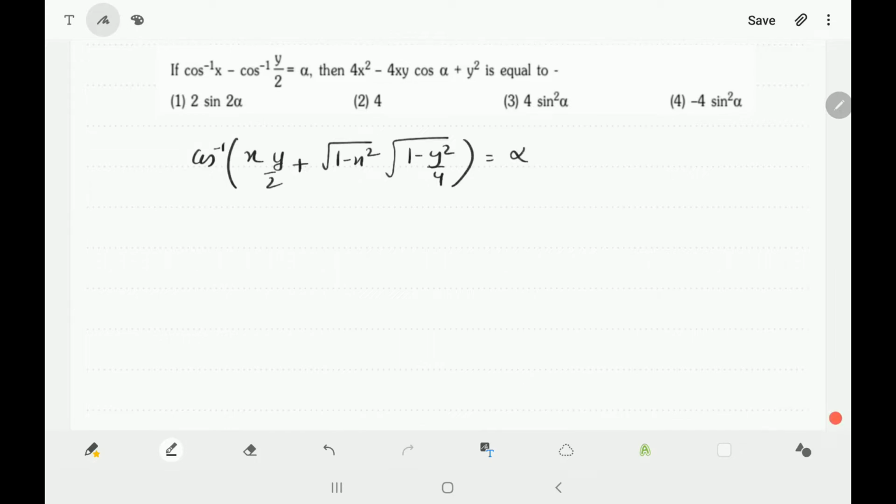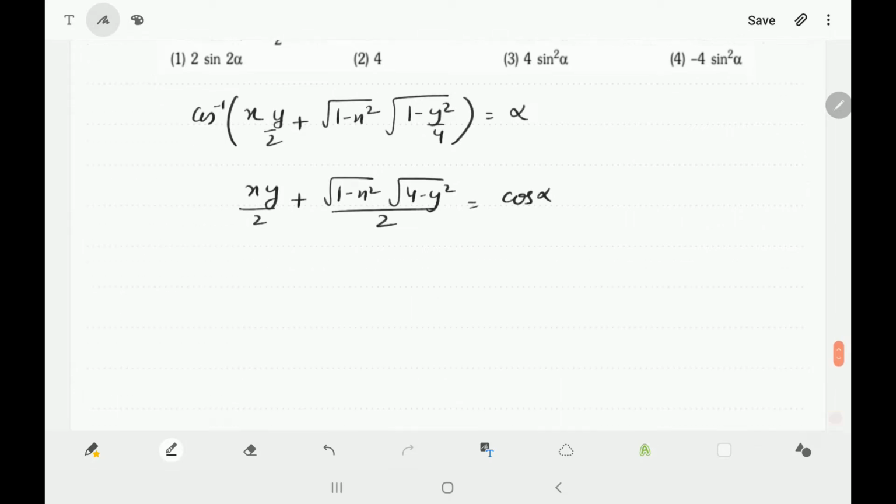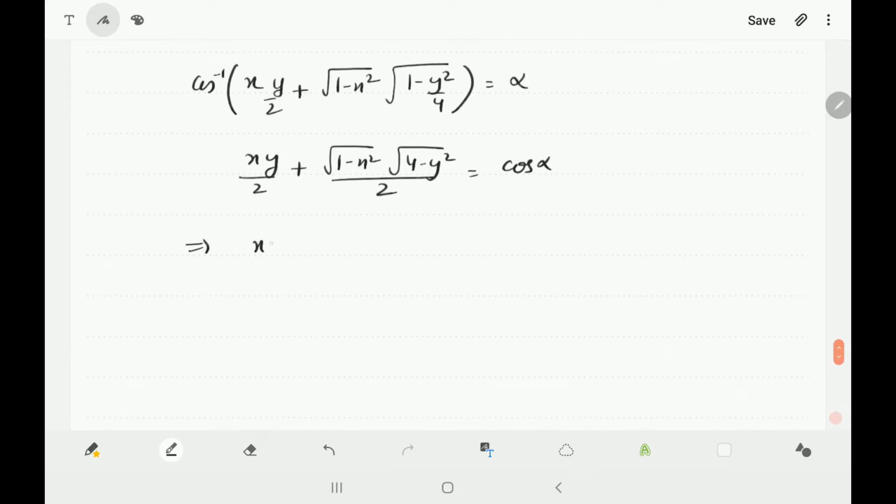Okay, so you can now take cos on the other side. We will get xy by 6 plus under root 1 minus x square by 4 under root 1 minus y square by 9 is equal to cos alpha. So we will now have the term xy plus under root 4 minus x square under root 9 minus y square. This will give us 6 cos alpha.